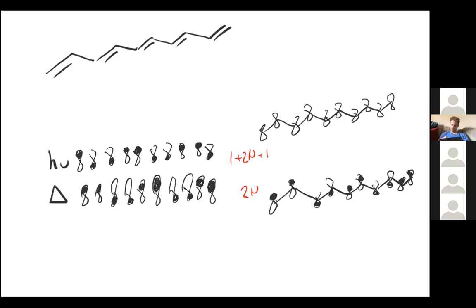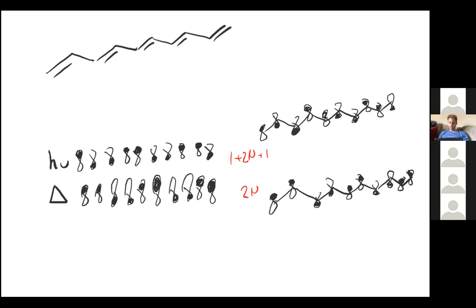So single electron by itself, pair of 2, pair of 2, single electron by itself.